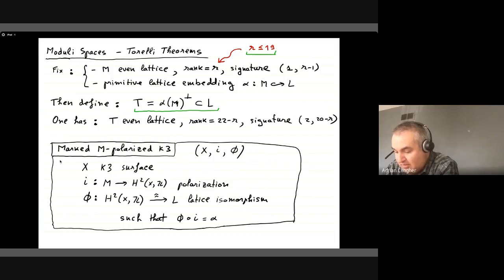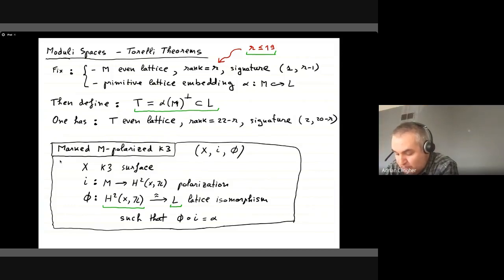So one can define the concept of marked M-polarized K3 in this situation. If I have a K3 surface X, then a marked M-polarization is going to be an embedding i of M inside the second cohomology, together with an isomorphism of lattices phi between the second cohomology and the actual K3 lattice.